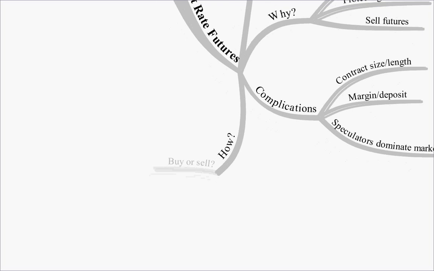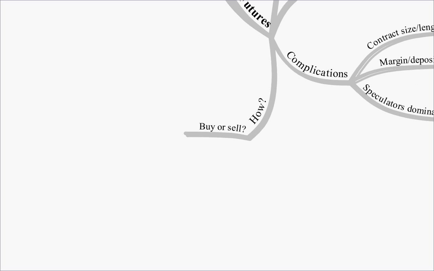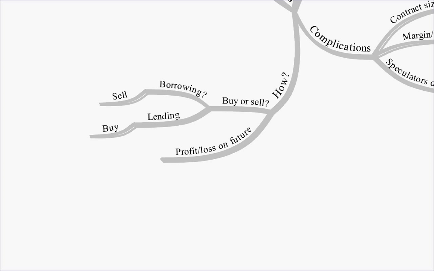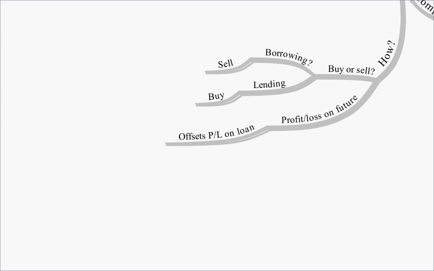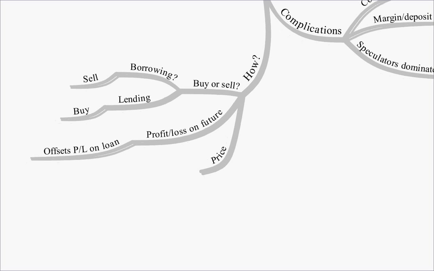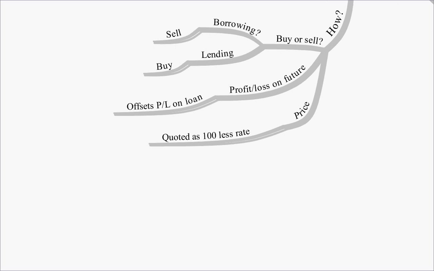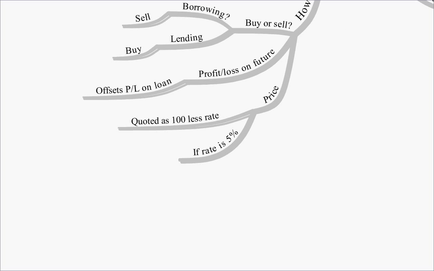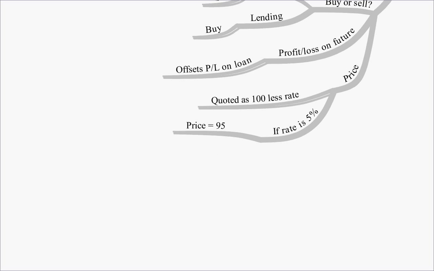How do you actually do it? Well, you decide whether to buy or sell your future. If you're borrowing, you will sell a future. If you're lending, you will buy a future. The profit or loss on the future then will be offsetting the profit or loss on the loan. The price of the future is quoted as 100 less your interest rate. So for example, if your rate is 5%, the price will be 95%.